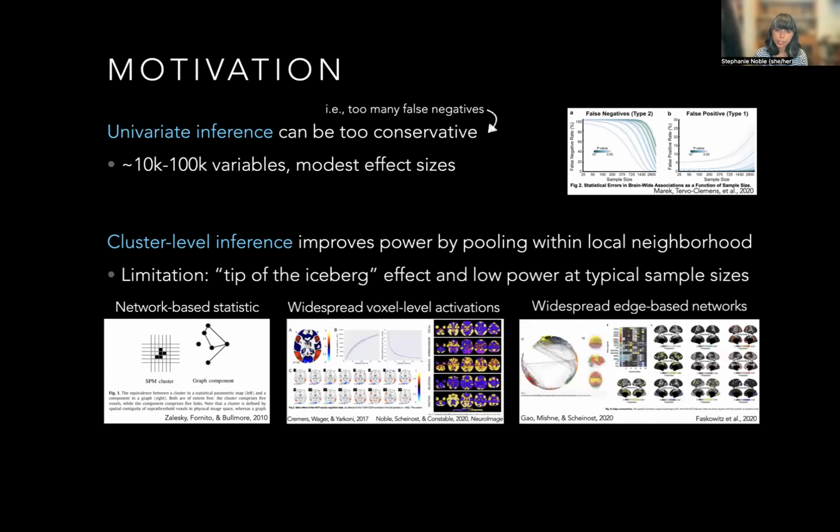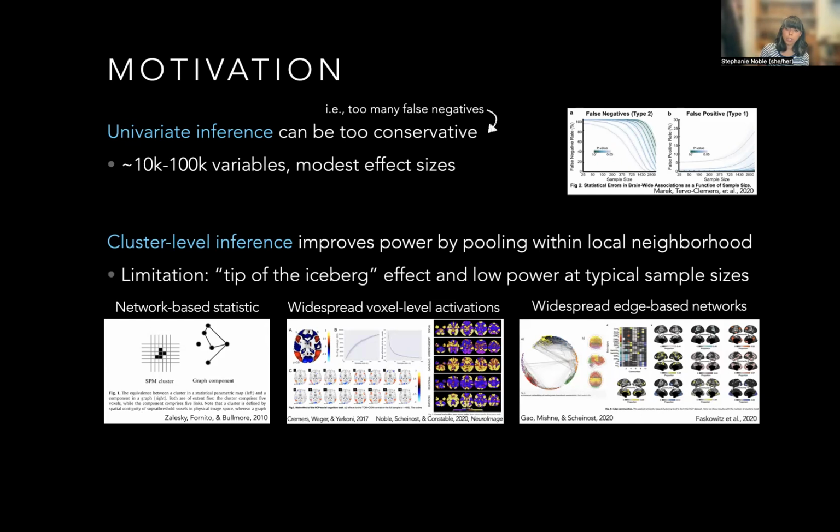However, there are a few limitations, including some that we've just talked about. First, we see in the activation context that there's this tip of the iceberg style effect, where when we use the full data set, we tend to see these widespread, very structured activations. But when we have smaller data sets, we tend to see only the tip, like a hotspot of this widespread activation.